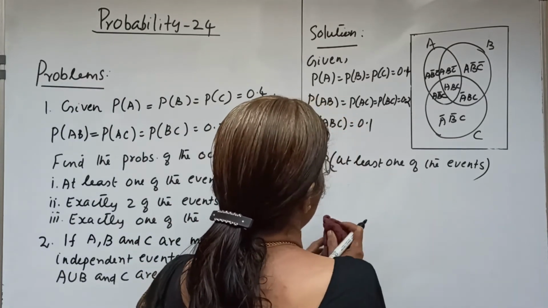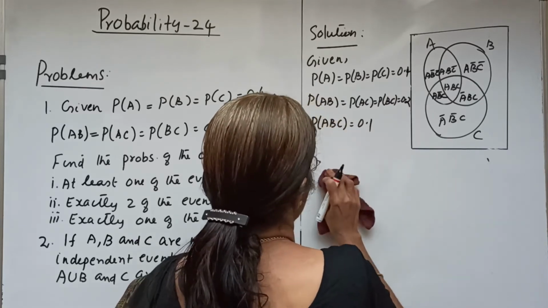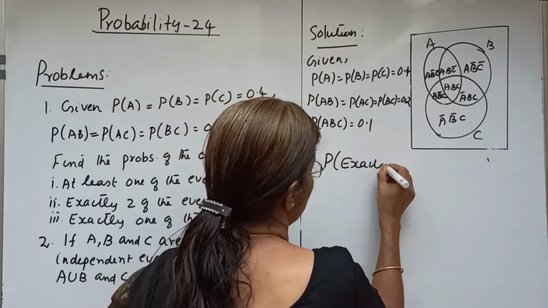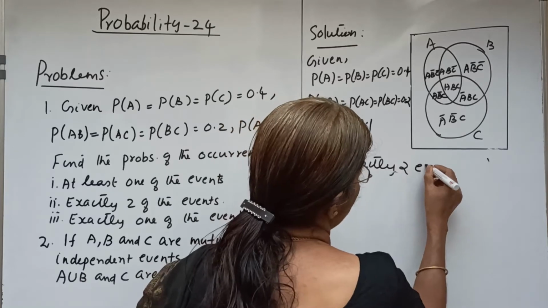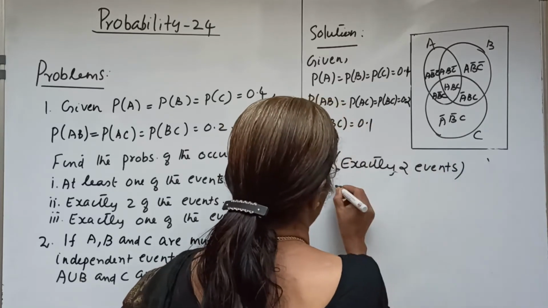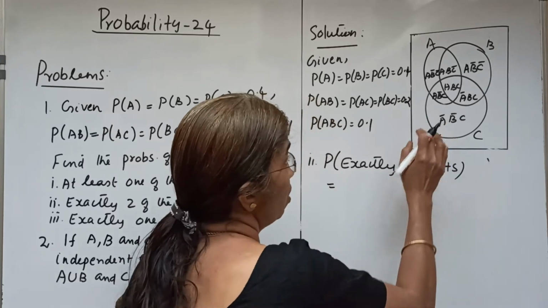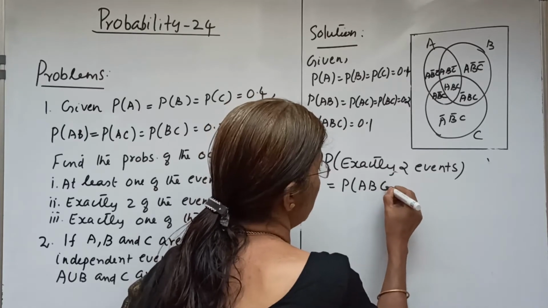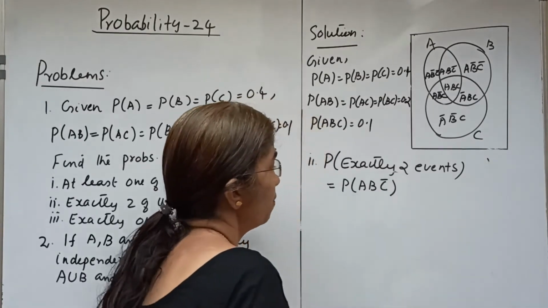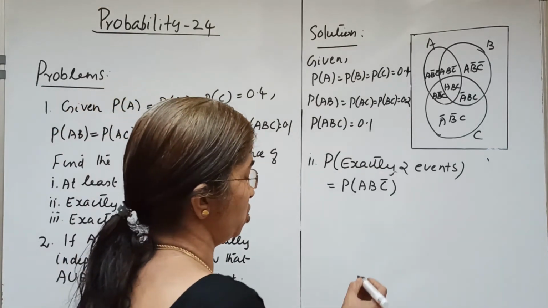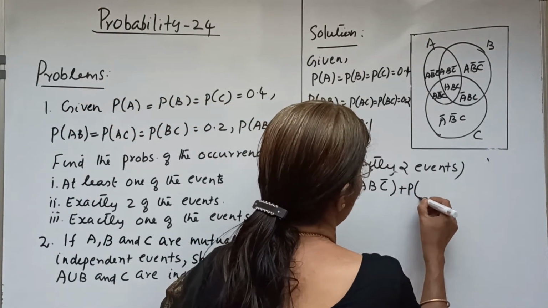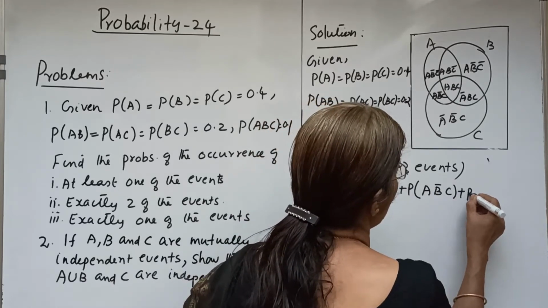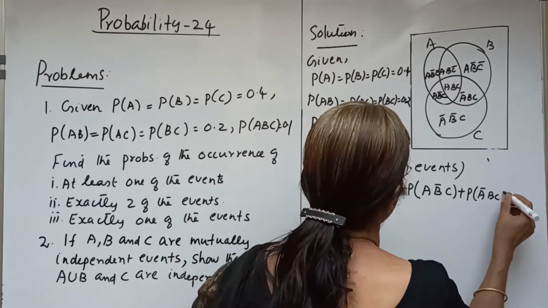Exactly two events happen can be written as, of the three, two happen. So P of A intersection B intersection C bar plus P of A B bar C plus P of A bar B C, isn't it?